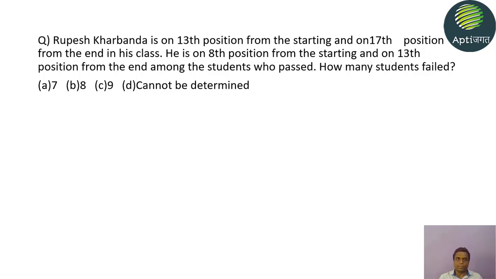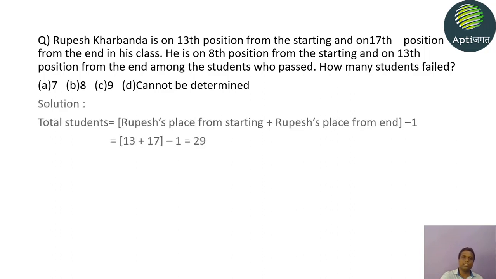Rupesh's forward and reverse ranks are given. From that we can find out the strength of his class, right? So first we will find the strength of his class. 13 plus 17 minus 1 gives 29. So we have 29 people in his class.